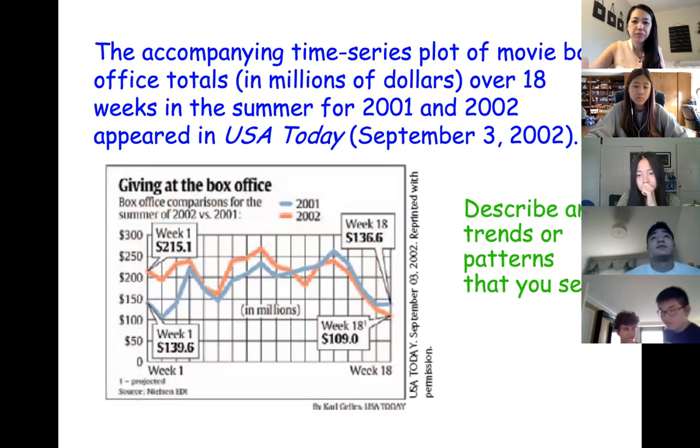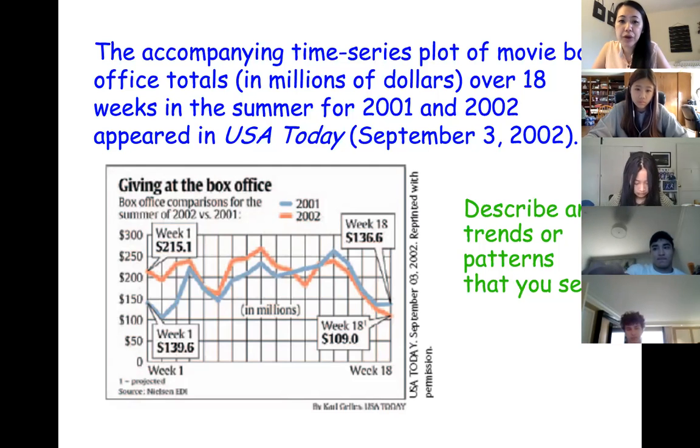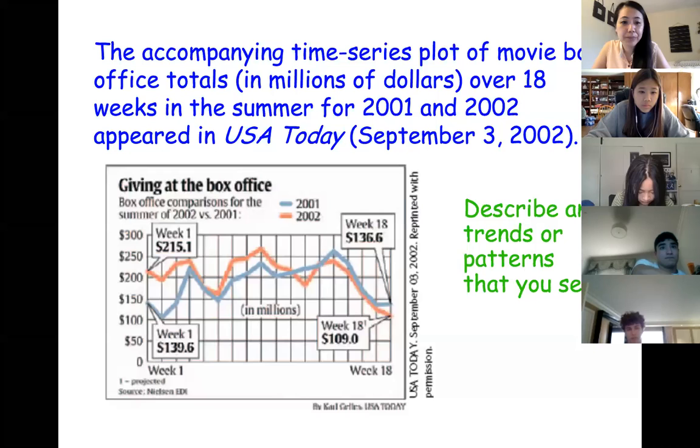The accompanying time series plot of movie box office totals in millions of dollars over 18 weeks in the summer for 2001 and 2002 appeared in USA Today, September 3rd, 2002. Describe any trends or patterns that you see. So we just want to comment on any trends or patterns. What do you guys think? What trends, what patterns do you notice? What would you comment on?